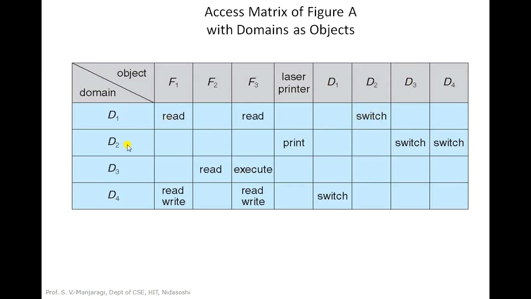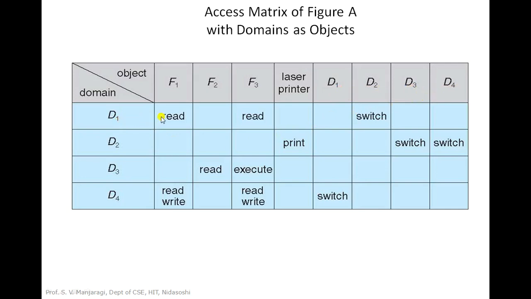In this matrix there are 4 domains, D1, D2, D3 and D4, and there are different objects like file objects F1, F2, F3, and a laser printer object, followed by D1, D2, D3, D4. These columns D1, D2, D3, D4 are the domains acting as objects. So we have taken domains as objects, and these domains have been taken into the columns.